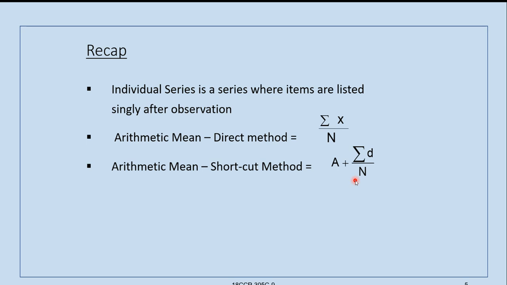So in third column we will be taking deviations from the actual observations. So the values which we arrive at in the third column is summed up and divided by number of values which is added to the assumed mean. So this is the method we have seen in the individual observations.